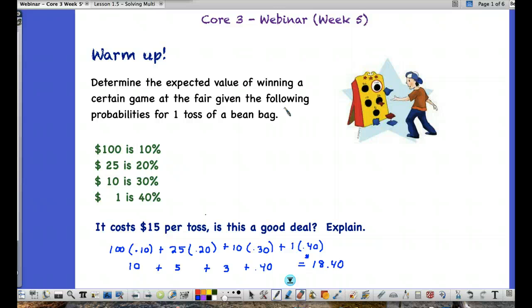So it costs $15 to play the game, and the expected value of winning is $18.40. Emma, what do you think? Heaven, you raised your hand. That means agree. Okay, that's fine too. All right, so we're getting a couple disagrees and we're getting a couple of agrees.